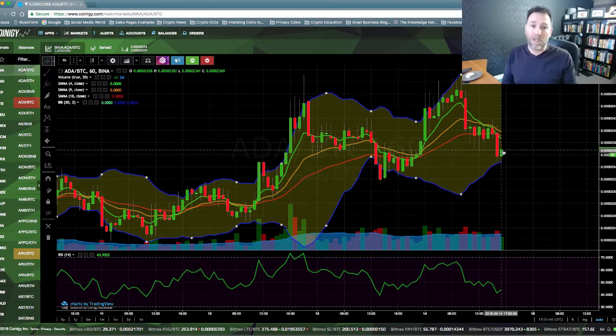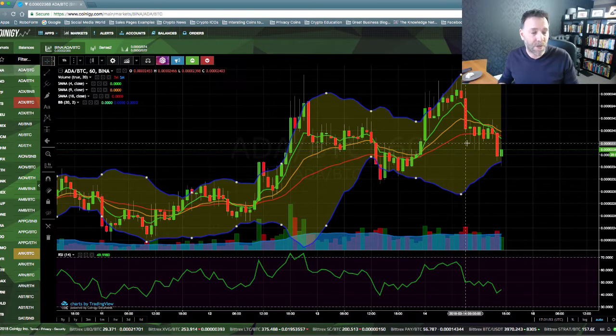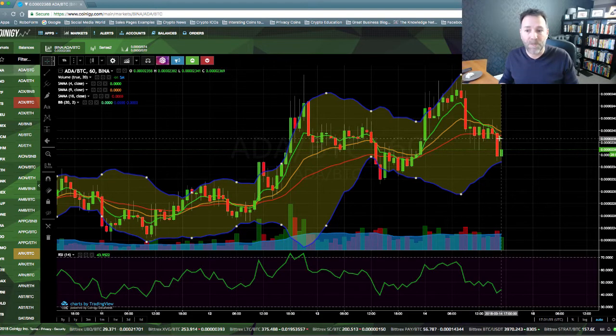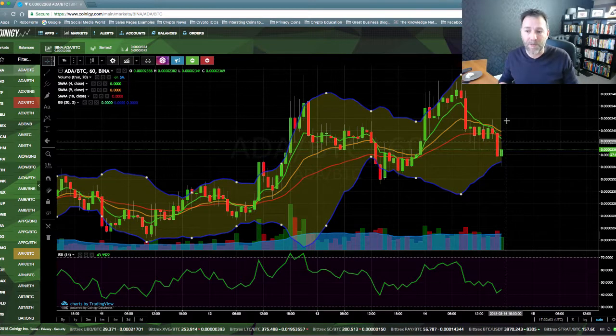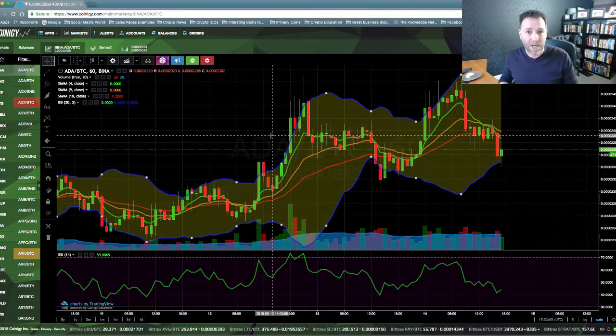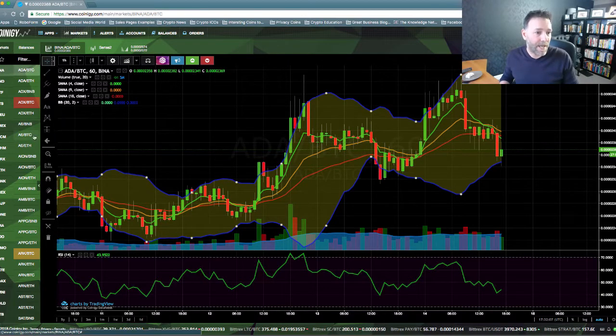Now, I go long. When I'm trading, I always go long. I don't short. I just don't like to do it. I've not got the capacity to do it as well. So I'm always looking for a long position to go on. And you can see here, this is down at the bottom of the Bollinger Band, or close to the bottom of the Bollinger Band. So this might be going up, but it's not got a good trading opportunity just now.